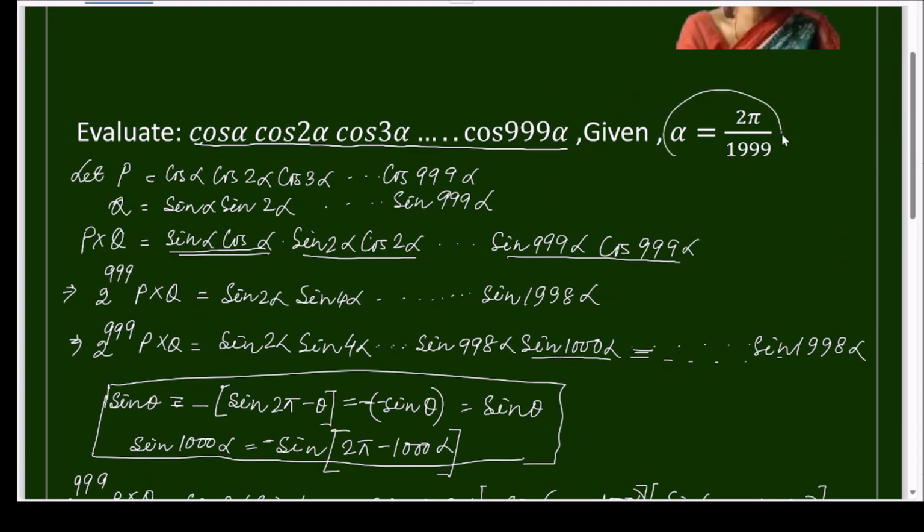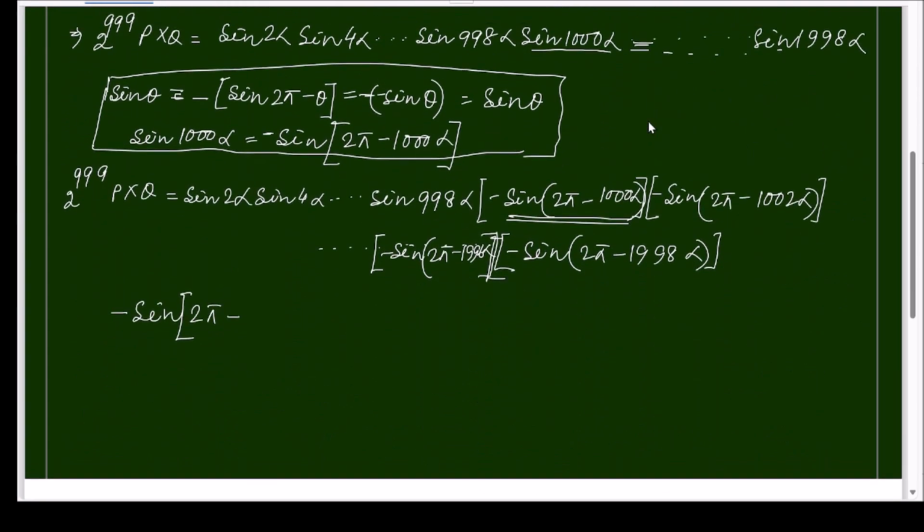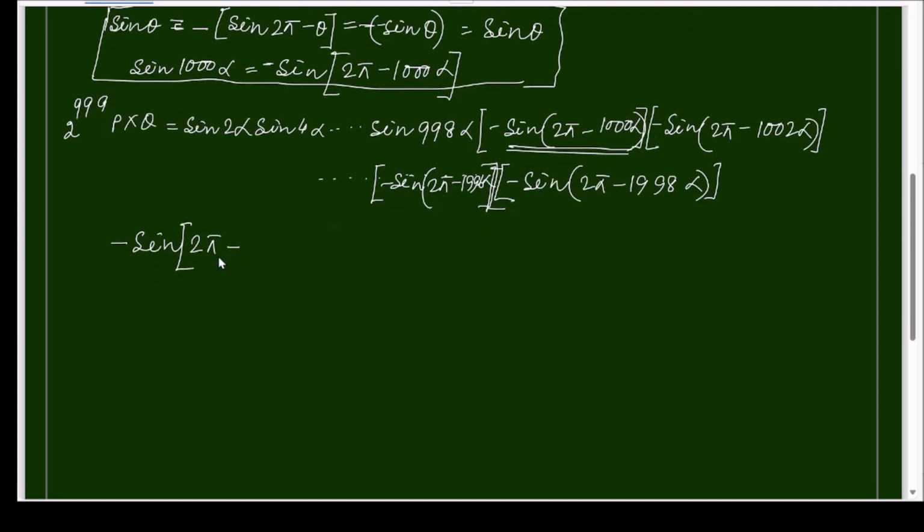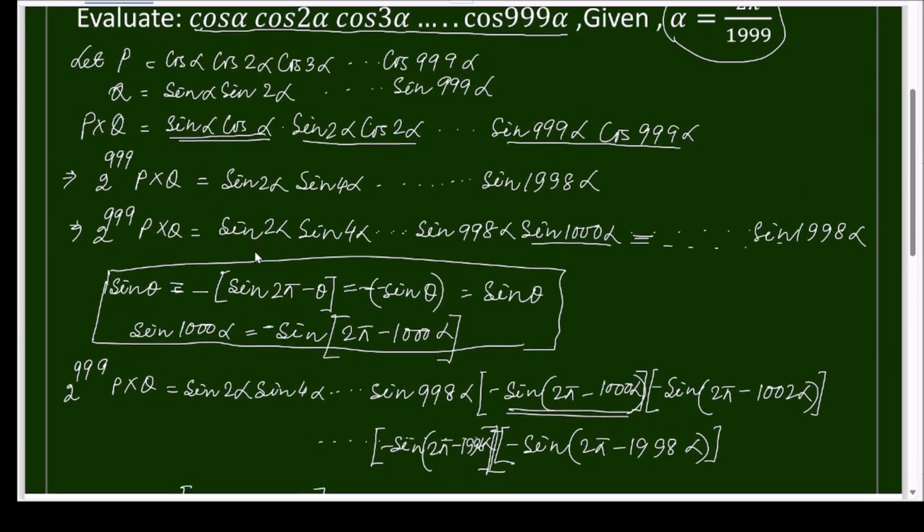Alpha is 2 pi over 1999. So 2 pi minus 1000 into 2 pi over 1999. It will be 2 pi, it's not 1 pi. 1000 into 2 pi.